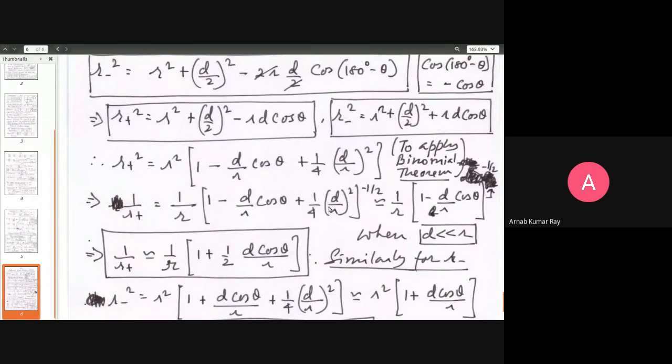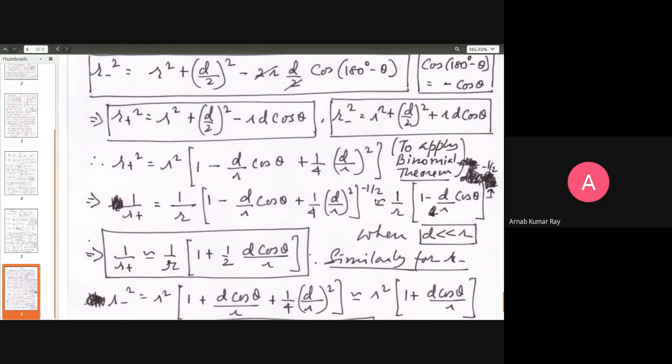So this term I have dropped out, and I've just kept 1 minus d by r cos theta. Why so? And then, of course, there's a bit of scribbling, but I hope you can see it still. This power of minus half stays. There's a power of minus half here. That stays. Okay, so why have we neglected this thing?